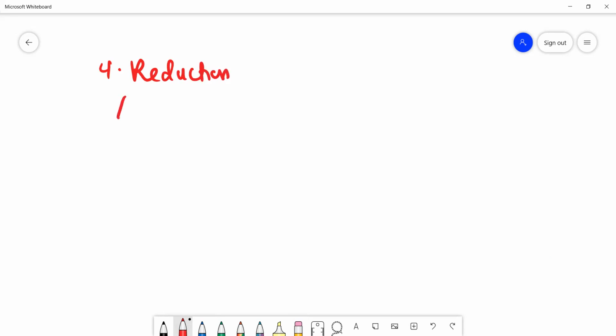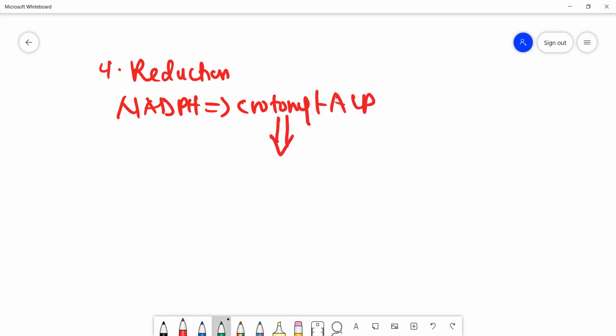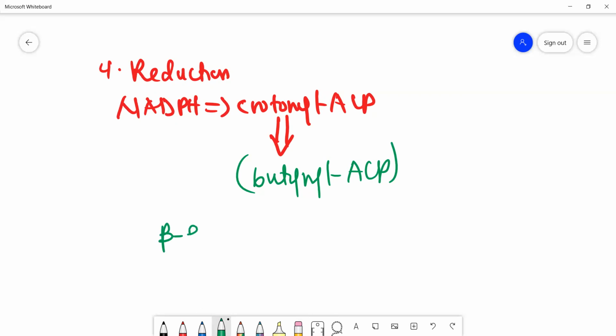Another NADPH comes into the scene and donates an electron to the crotonyl ACP, and we end up with butyryl ACP via another reduction like this. The enzyme there is beta enoyl ACP reductase.